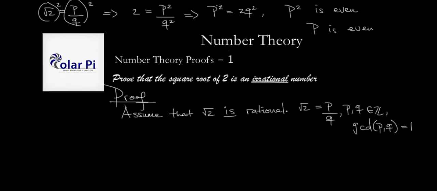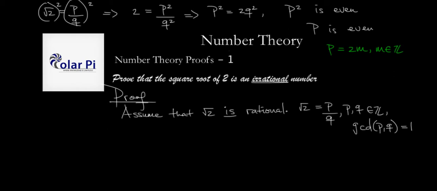And we know that p squared is even because p squared is equal to 2 times an integer, and all even numbers are of the form 2 times an integer. But wait, I just said all even numbers are of the form 2 times an integer. So if p is even, then we can write that p is equal to 2m for some integer m, right?